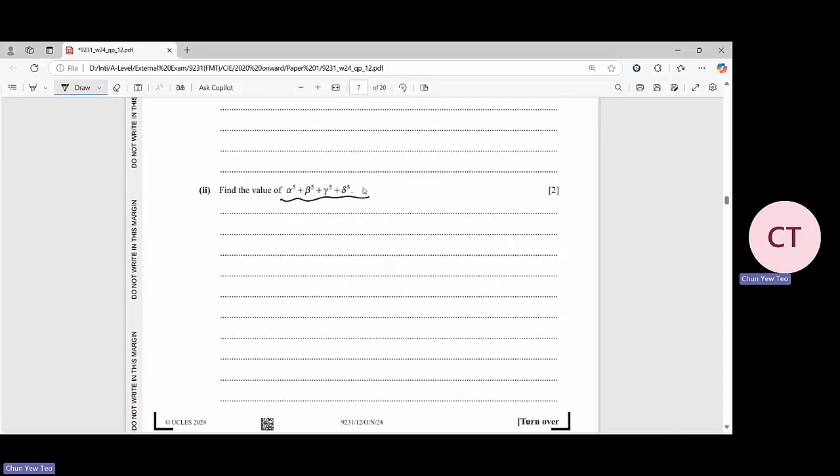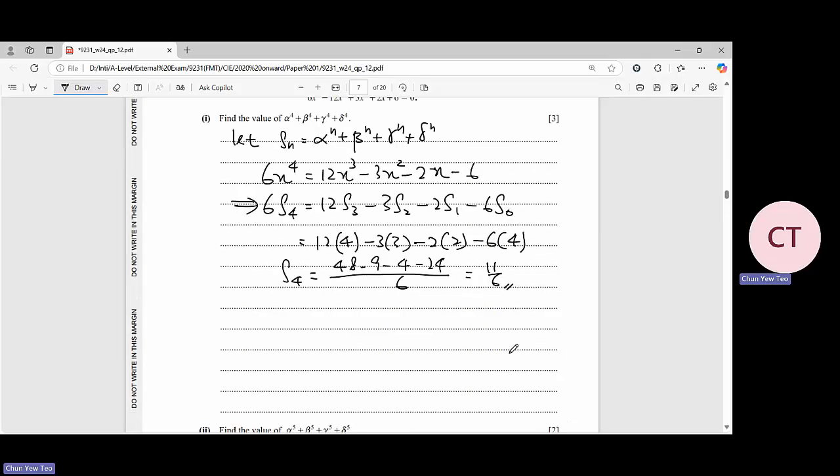Now we want to find S5. So to find S5, all I need to do is take this equation, I call this equation 1.